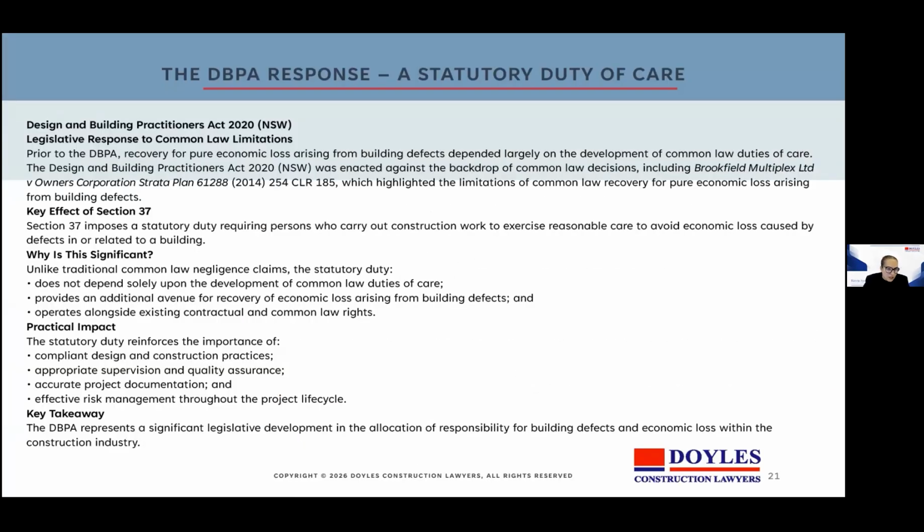So, coming back to the DBPA's response to Brookfield, Section 37 was the legislative answer: a new, state-based, statute-based avenue for recovering economic loss caused by defects. Again, the DBPA doesn't replace the common law, but it altered the legal landscape significantly.